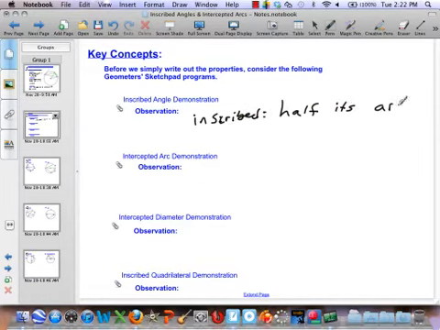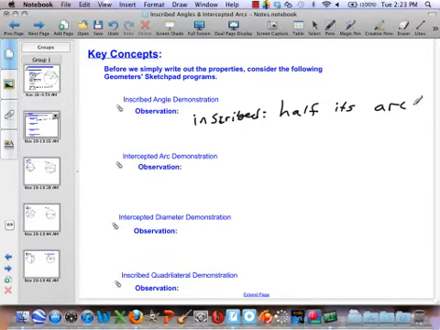So the inscribed angle is half the measure of its arc, which means that since the arc measure is the same as the central angle, the inscribed angle must be half of the central angle.